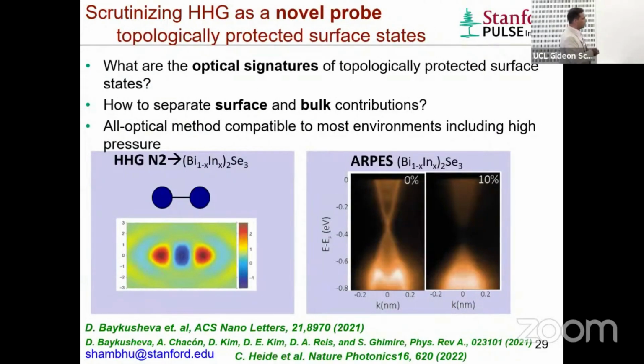The other direction is to probe the topological properties of materials. There are several questions that I wanted to first outline. What are really the optical signatures of these topologically protected states?